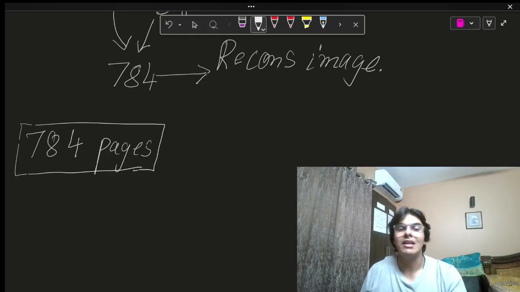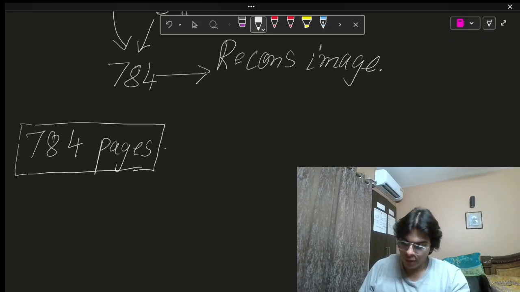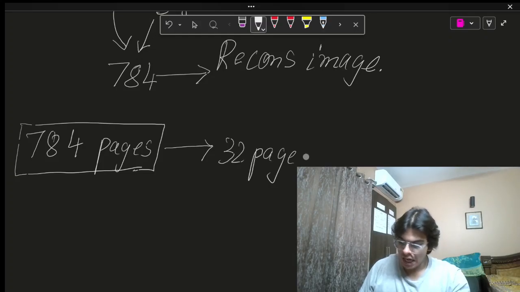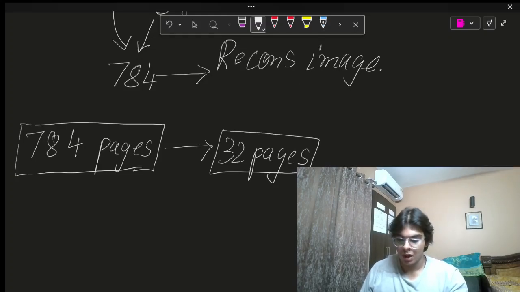So your friend says, can you make me a summary of the book using only 32 pages? I don't want to read this massive book, so I want you to make me the best summary there exists for this book, covering only the important stuff. So this 784 pages, you have the task of transforming it to 32.